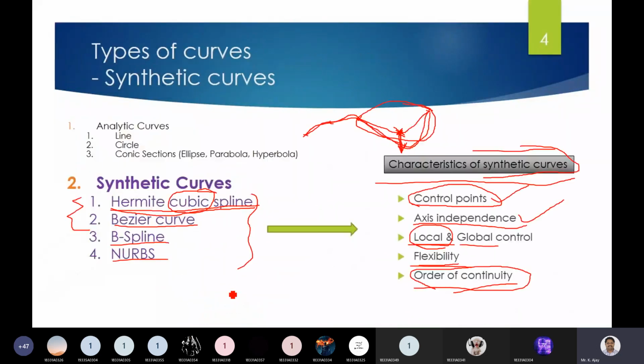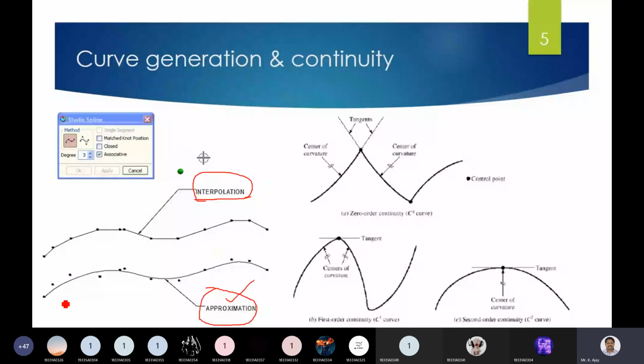For example, here the Hermite cubic spline is interpolation based, which means the curve passes through every point, whereas the Bezier curve, B-spline and NURBS all come under approximation, which means they pass through only the first and the end point, but the remaining points it may or may not. But each and every control point has its own effect on the overall shape of the curve. So this is another category of synthetic curves.